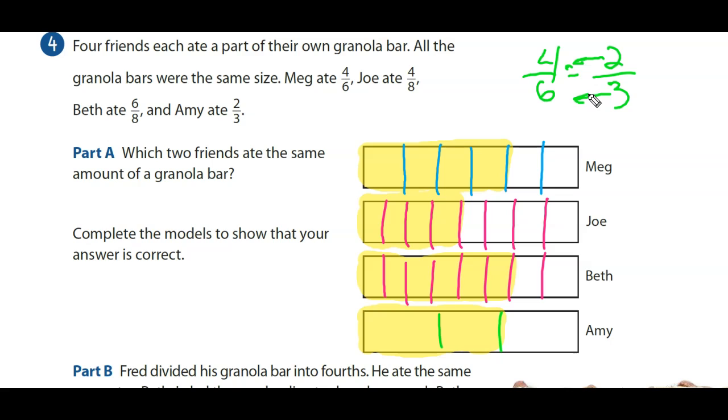So look, here's Meg, and I'm going to go straight down. See? So Meg and Amy did. Then it says complete the models to show that your answer is correct. That is correct. Look, I drew a line all the way down. That's pretty good. All right.